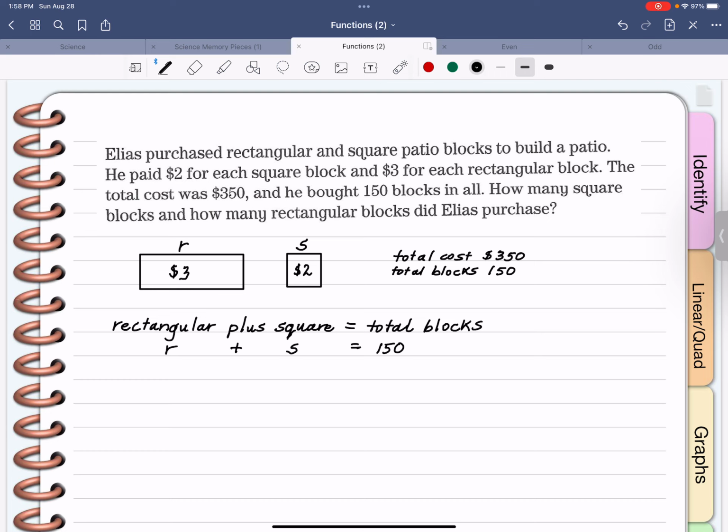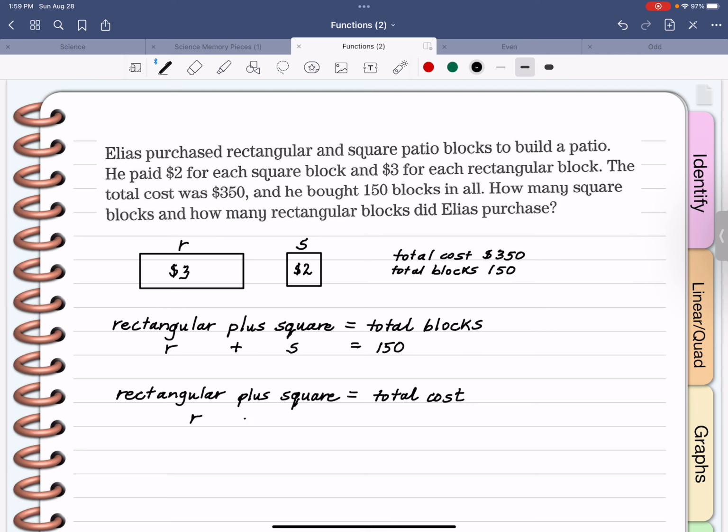So there is one part of my problem. That's one of my system equations. I could also argue that the rectangular blocks plus the square blocks equal the total cost, because he didn't buy any triangles or circles or parallelograms. He just bought these two shapes.